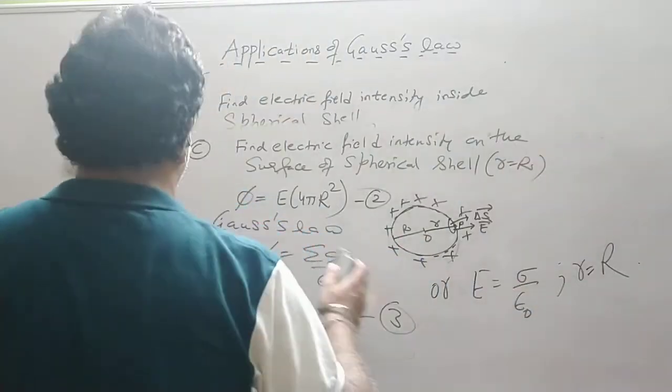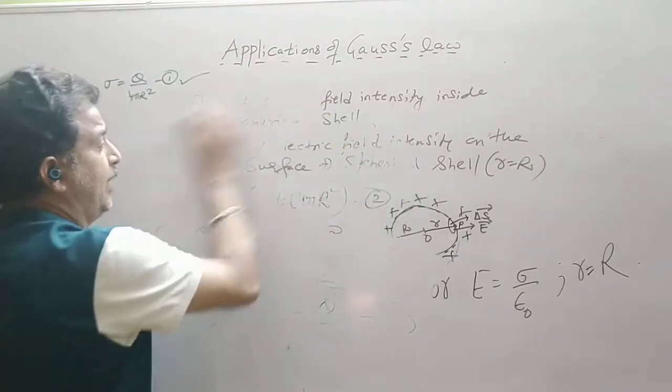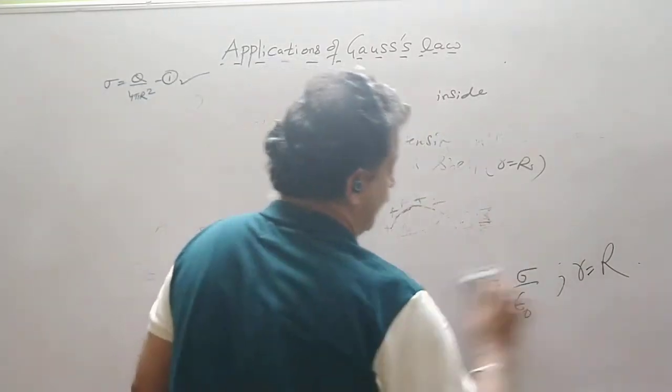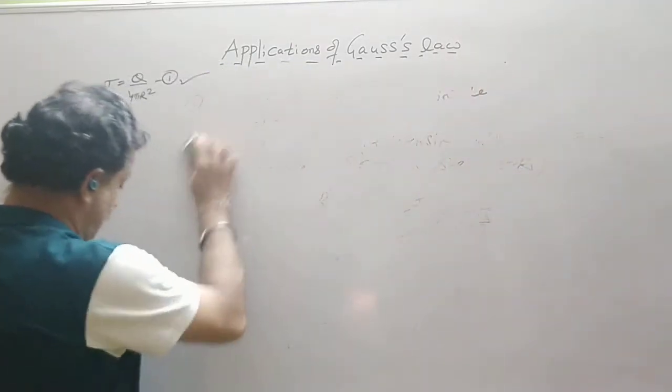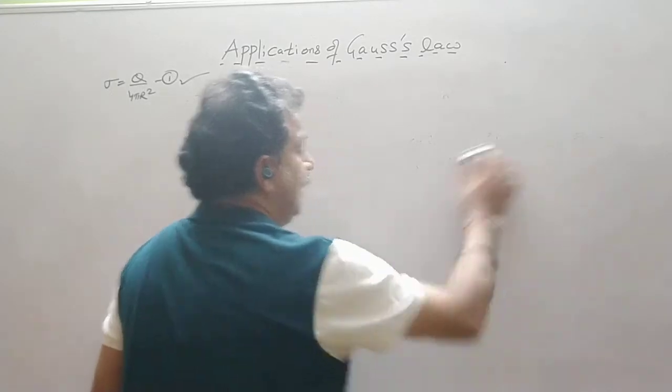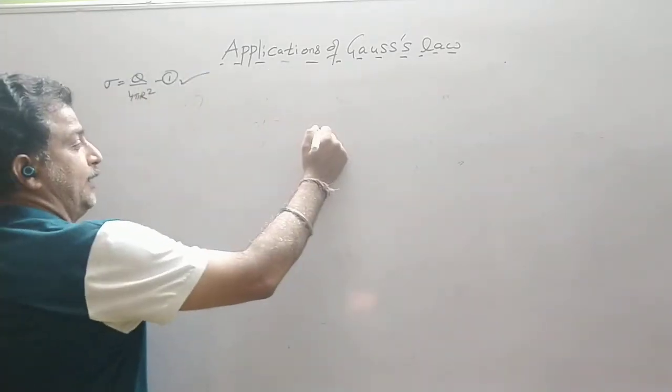So if we sum up all this with the help of a graph, now let us see how the graph of this E versus the distance of point P can be drawn. Now let us write this.